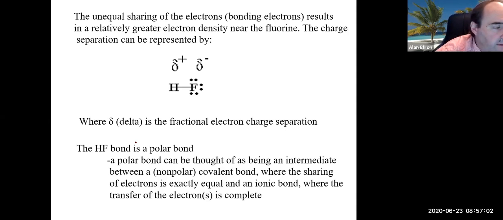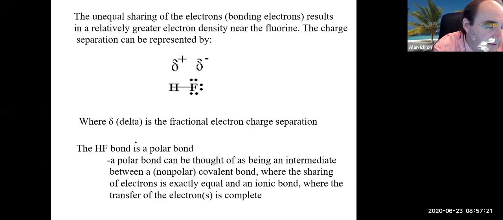So an important thing to realize: why do we call it a partially positive charge and a partially negative charge, rather than what we see in an ionic compound where something gains a full positive charge and a full negative charge? That is because of the type of bonding that's occurring here.